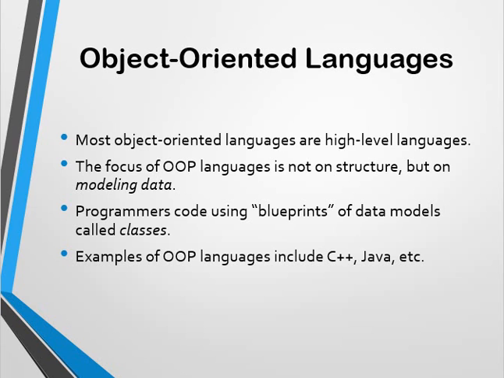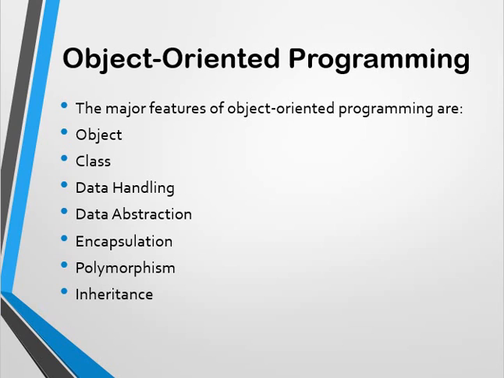Now, let's talk about some major features of object oriented programming language. The object oriented programming language has been developed with a view to overcome the drawbacks of the conventional programming approaches.